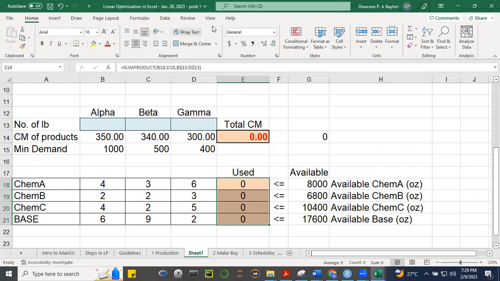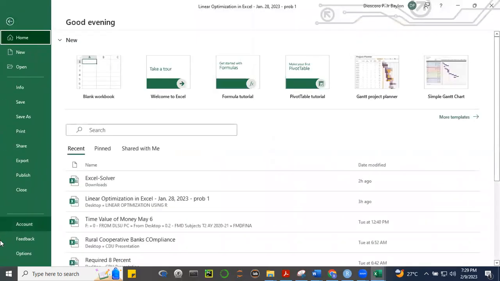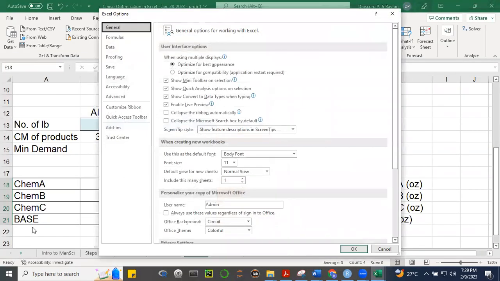All right, then we said that we have to go to Data, and this should be available under Analyze. If it's not available, if you were not here last time, then you will have to install this. How do you install this? You go to File, Options, and then Add-ins.